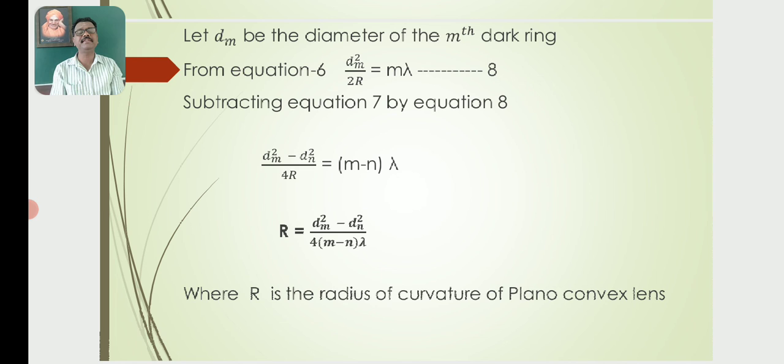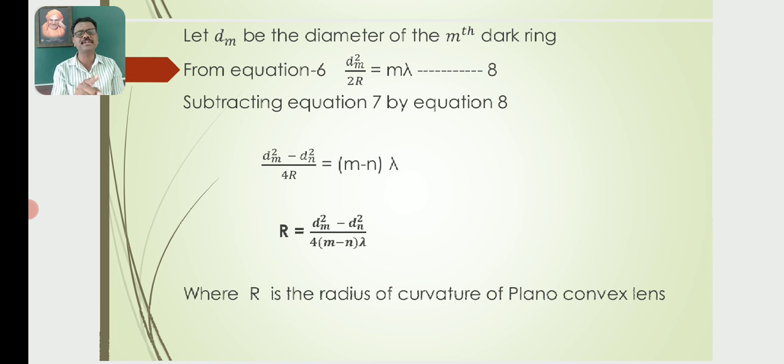So R equals (dm square minus dn square) by 4 into (m minus n) into lambda, where R is the radius of curvature of the plano-convex lens. This is the expression for the radius of curvature.